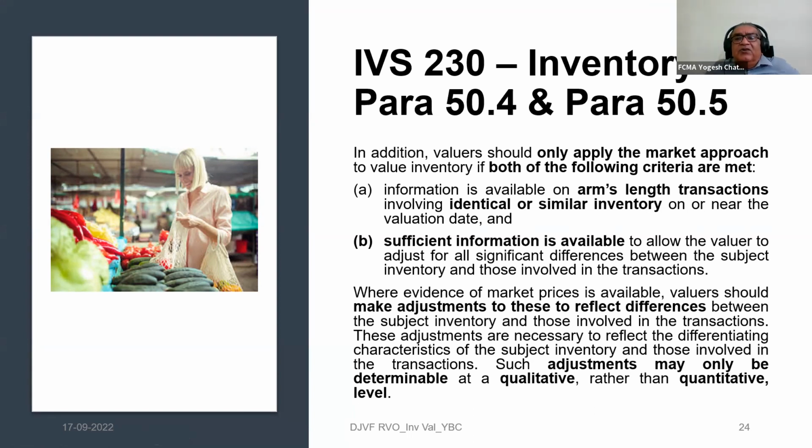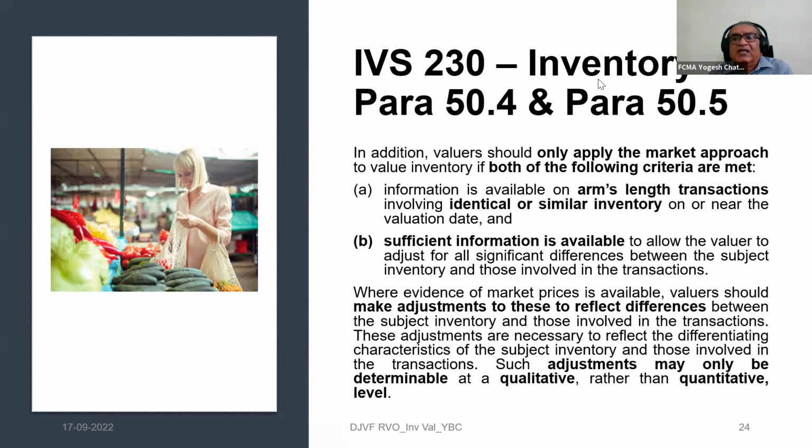Where evidence of market price is available, the valuer should make adjustments to reflect differences between the subject inventory and those involved in the transaction. These adjustments are necessary to reflect the differentiating characteristics of the subject inventory. Such adjustment may only be determinable at a qualitative rather than a quantitative level.